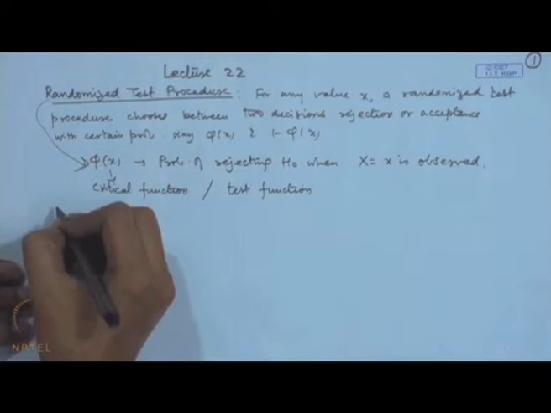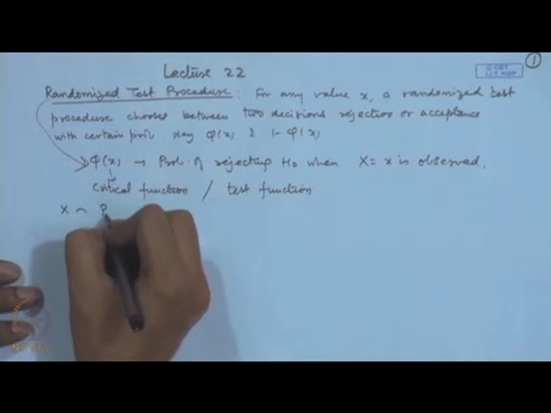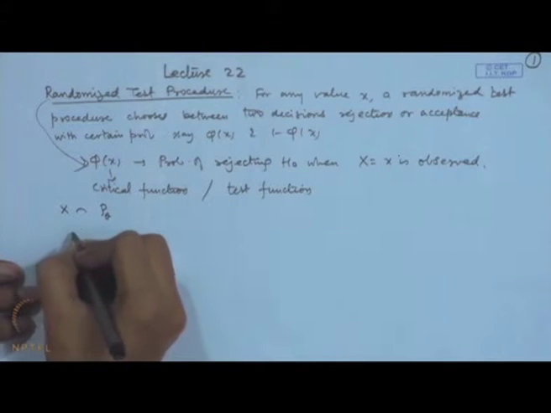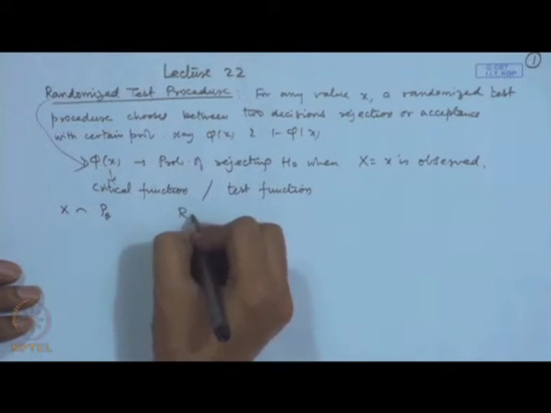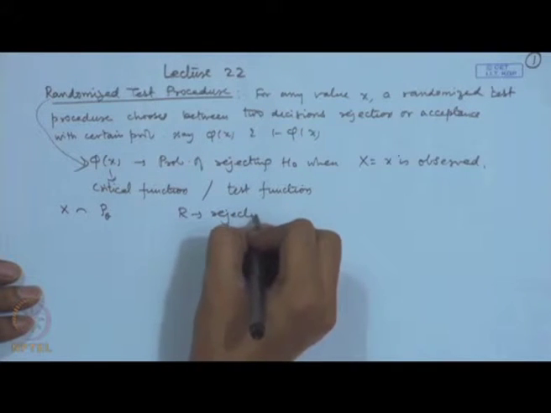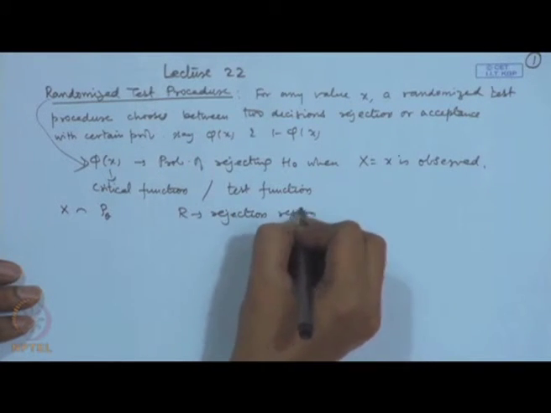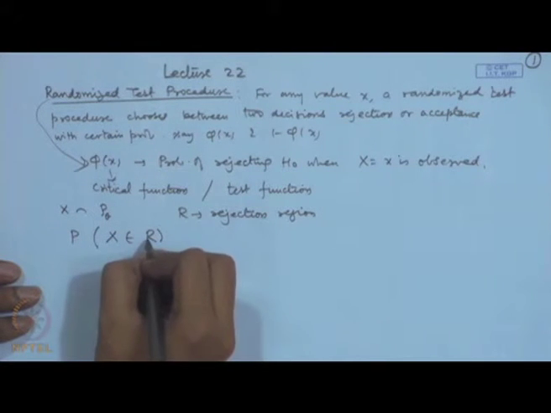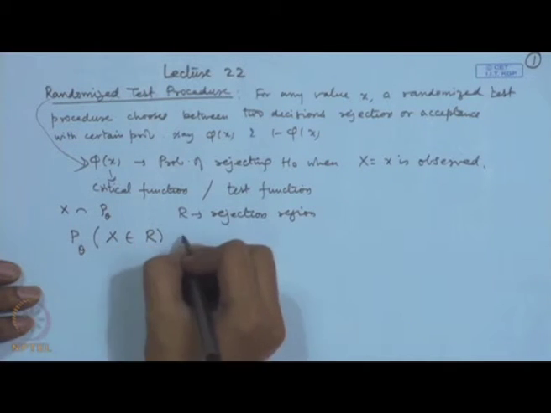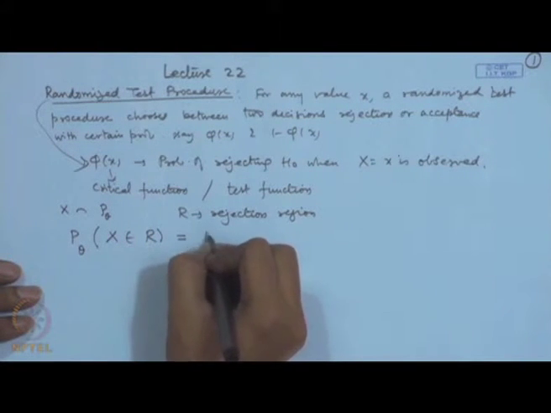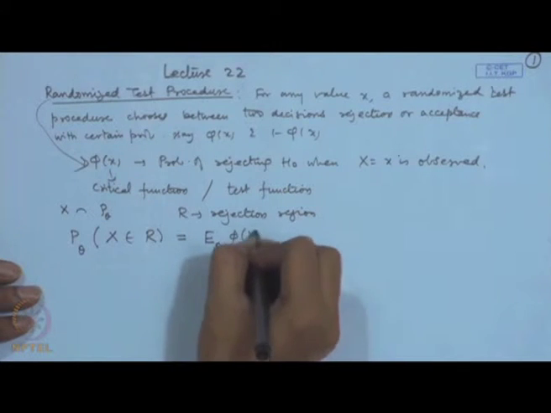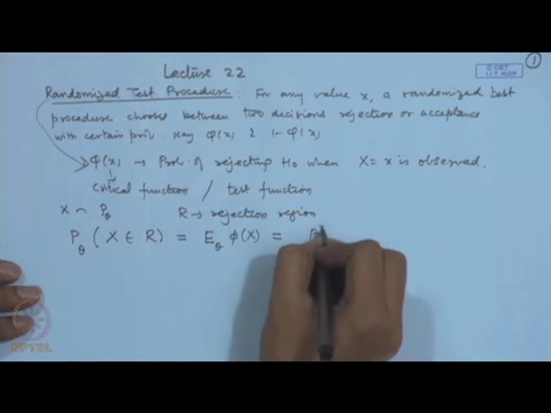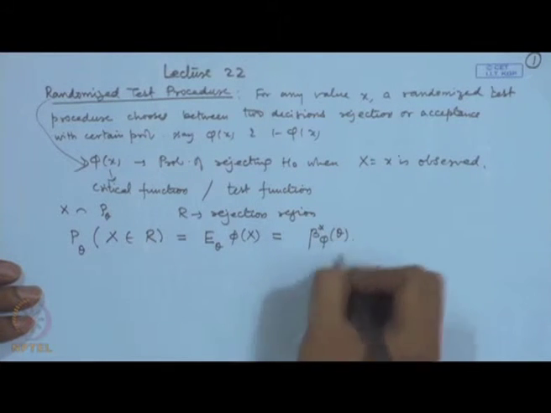So, let us say X follows P theta and R is the rejection region. So, the probability of X belonging to R, the probability of rejecting H naught when theta is the true value, is actually the expectation of phi X, for which we use the notation beta star phi theta.